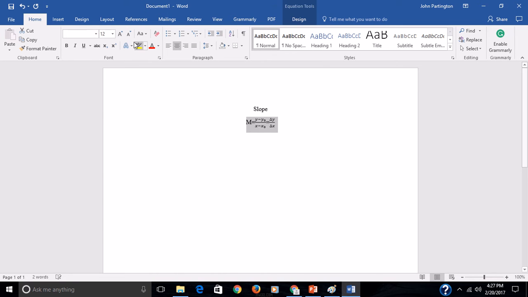I'm going to make this font a lot bigger. This is a big point here: delta y over delta x. So, this is our slope. This takes us back a while.